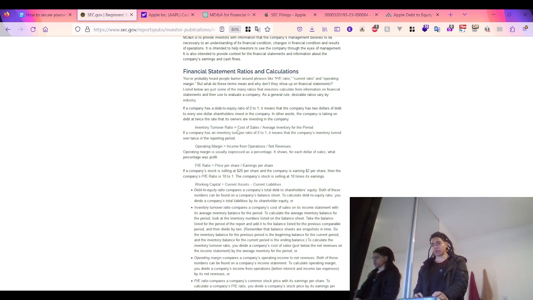Inventory turnover ratio: cost of sales over average inventory for the period. If a company has an inventory turnover ratio of 2 to 1, it means that the company's inventory turned over twice in the reporting period. Operating margin is equal to income from operations divided by net revenue. Operating margin is usually expressed as a percentage. It shows for each dollar of sales what percentage was profit.